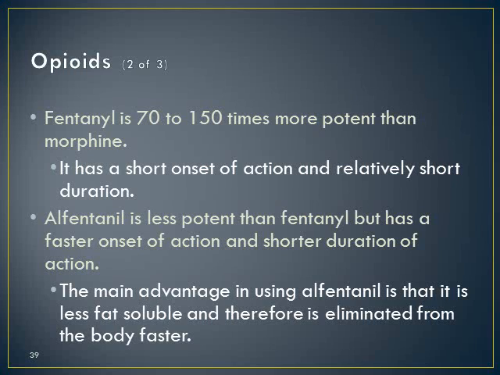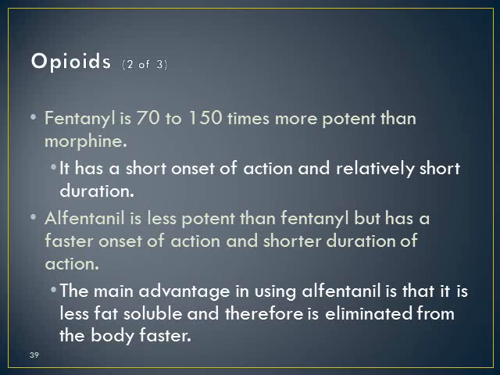Realize that. But it has some good things to it. It doesn't affect blood pressure. It's short onset and short duration, which works for us. But again, it is a lot more potent than morphine in terms of dose. That's why we give it in terms of micrograms. We don't give milligrams, we give micrograms of fentanyl.